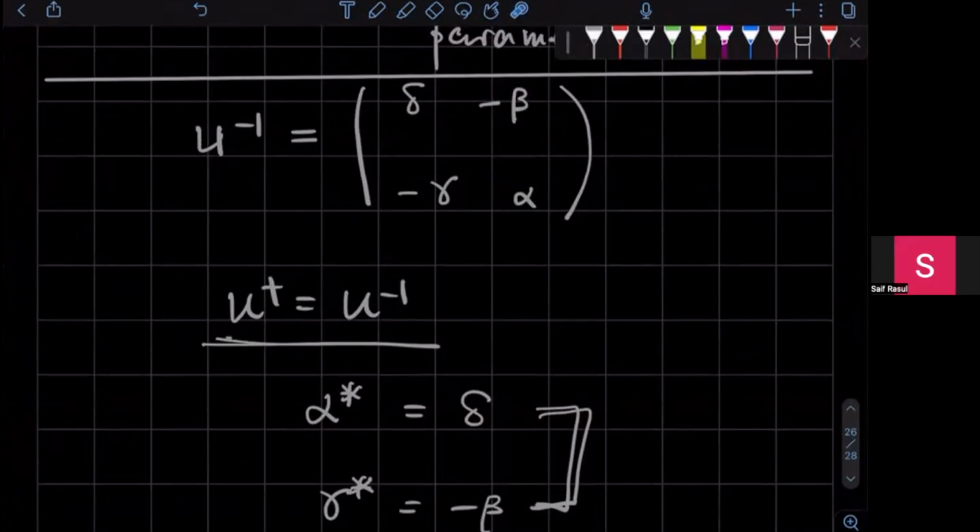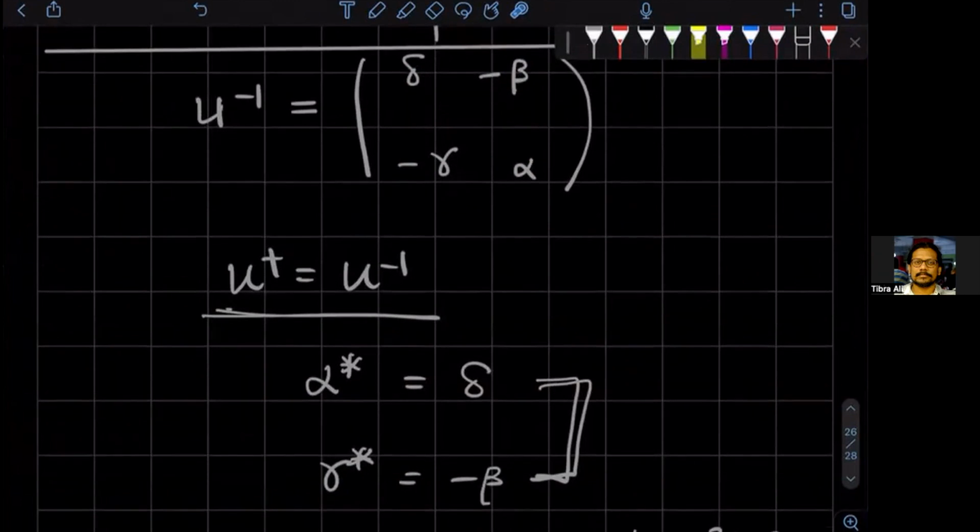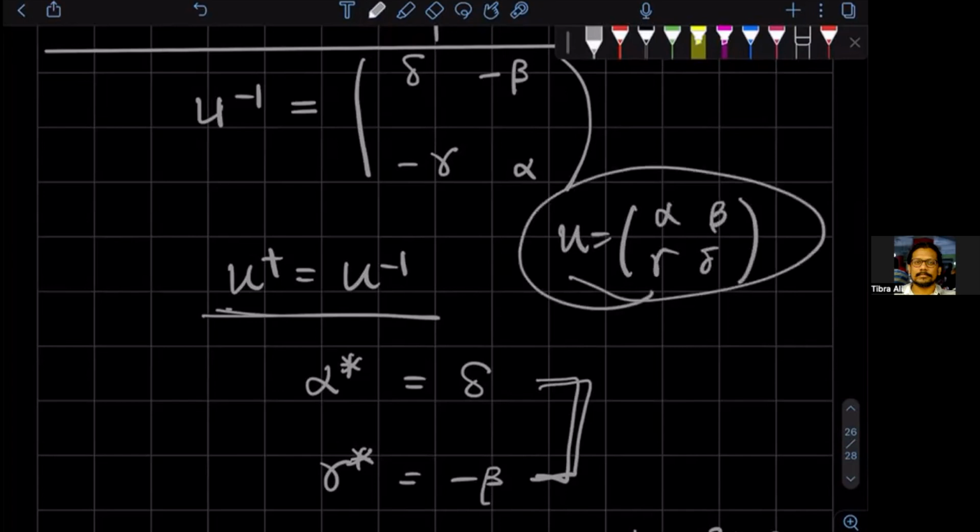It's the usual minors and all that stuff that you learn in linear algebra class. You know that U is alpha, beta, gamma, delta, and therefore you can figure out what U dagger is, and this is what you get from this equation.